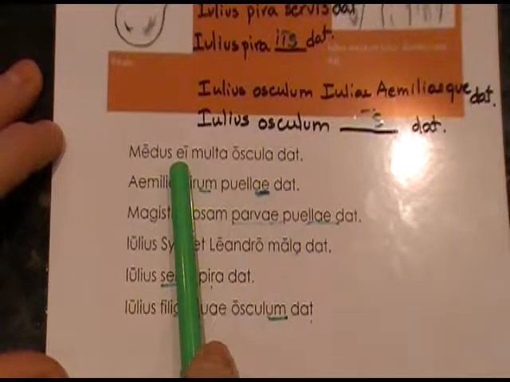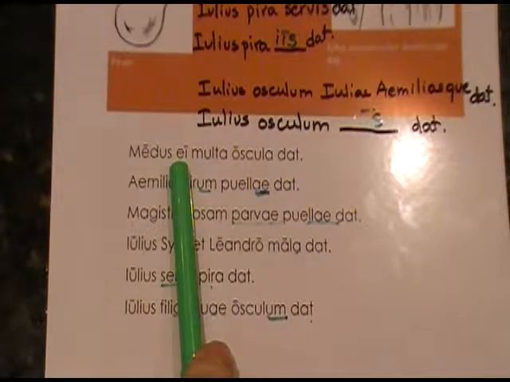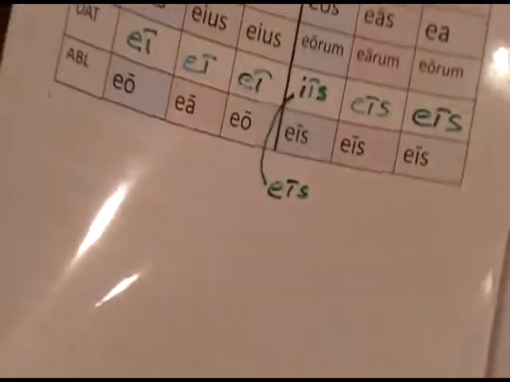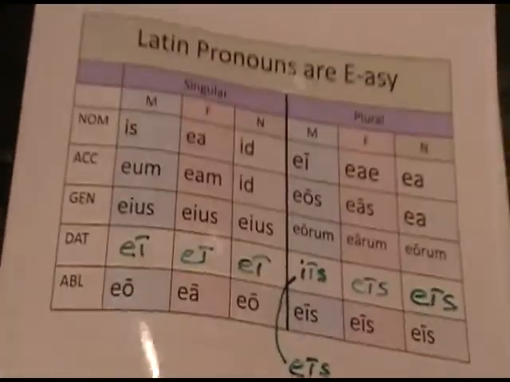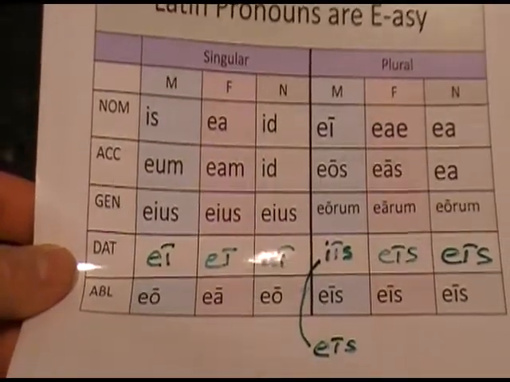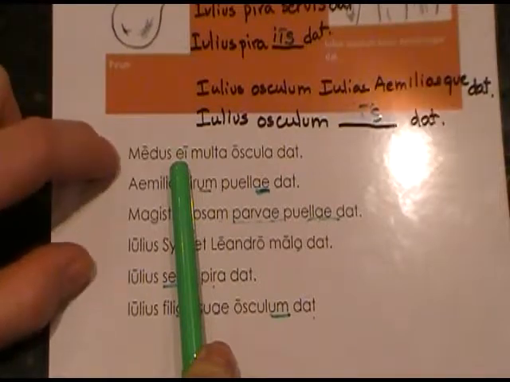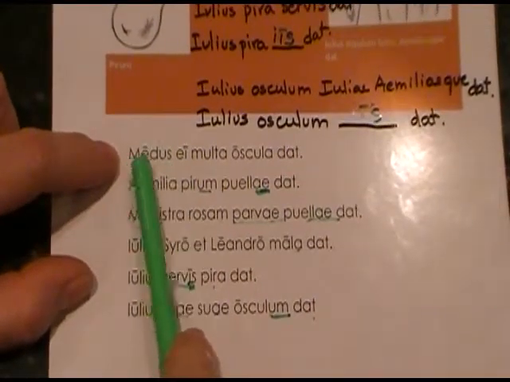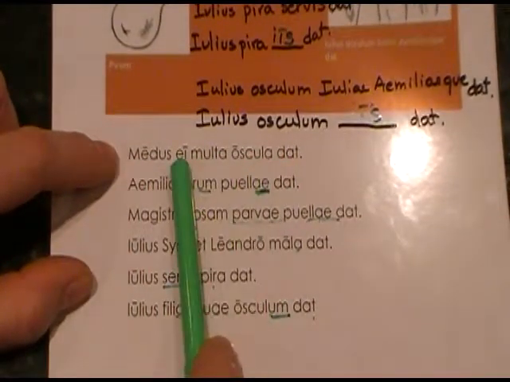And what could it mean? Well, if we look at our pronouns, we see that ei is definitely singular, and it could be masculine, feminine, or neuter. So depending on what happened earlier in the sentence, Medus could give many kisses probably to her, probably not to him.